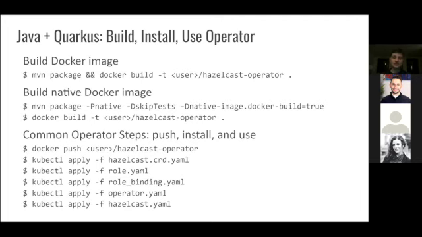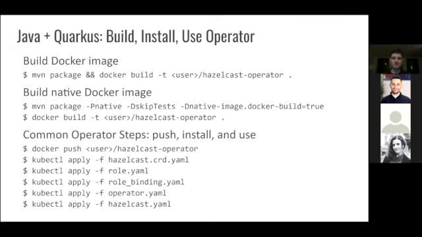But if you build a Docker native image, then the performance is actually very good. It's compiled with GraalVM, and it's good. And all the other steps like applying this operator, running this operator, are very similar to what we've seen before.